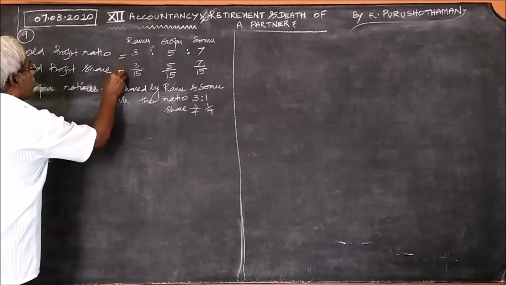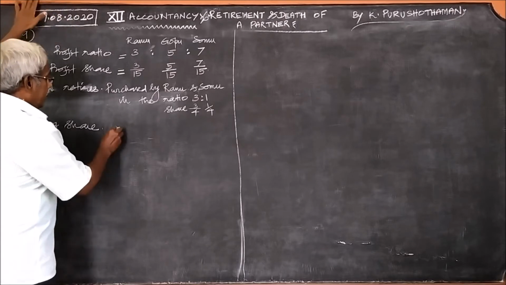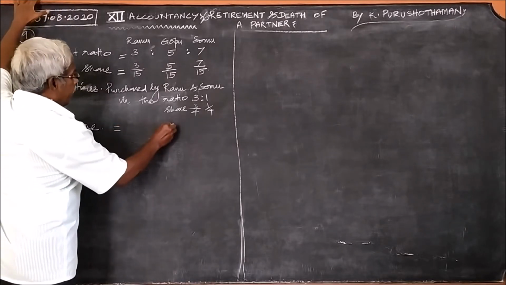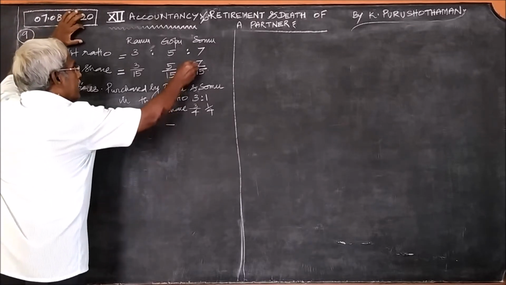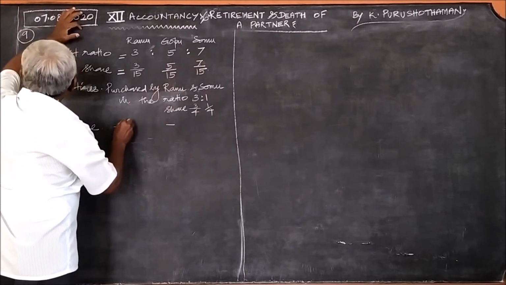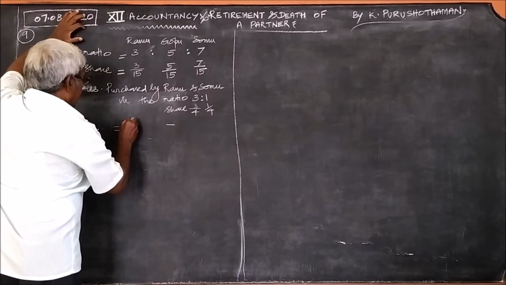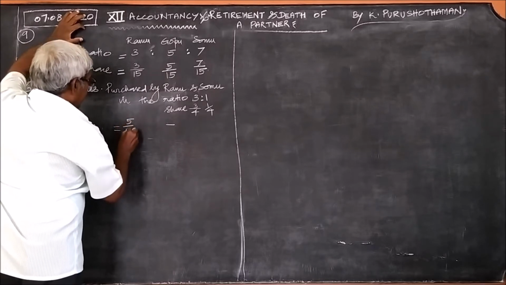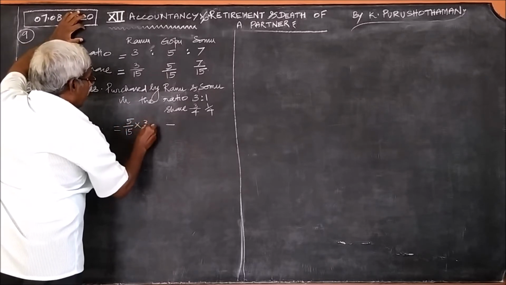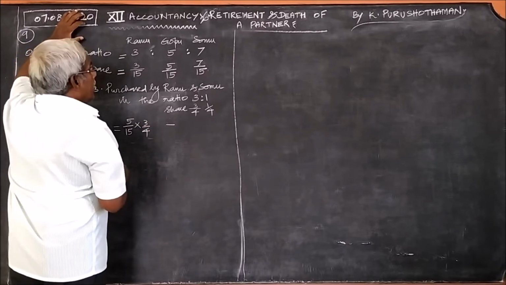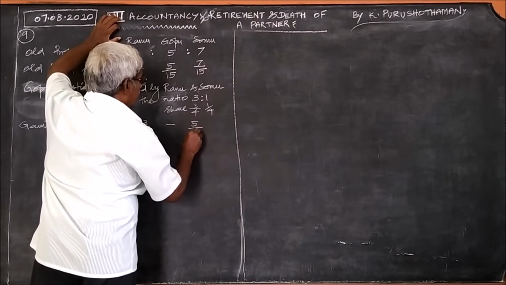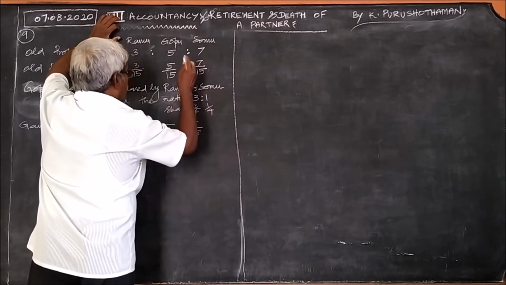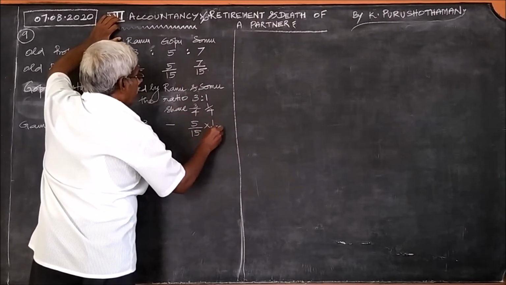In this gaining share, Gobu is retiring and therefore for Gobu nothing. What is the gaining share from this 5 by 15? He takes 3 by 4, and from this 5 by 15 Somu takes 1 by 4.